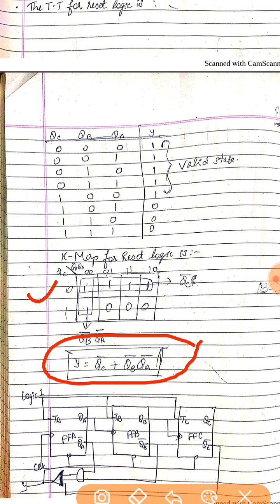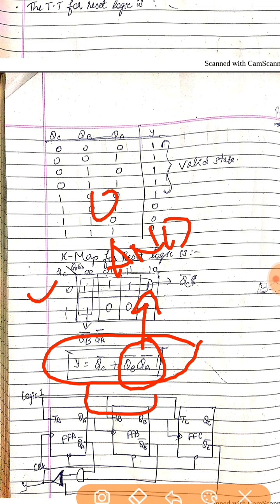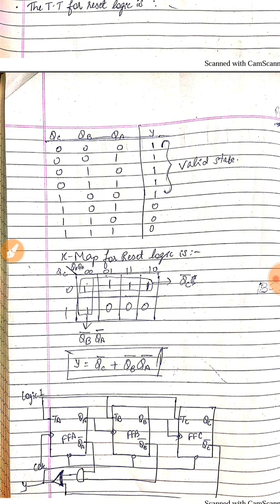In this reset circuit, as it has a multiplication term, we require one AND gate, and for the summation of 2 terms, one OR gate, which I have made here.